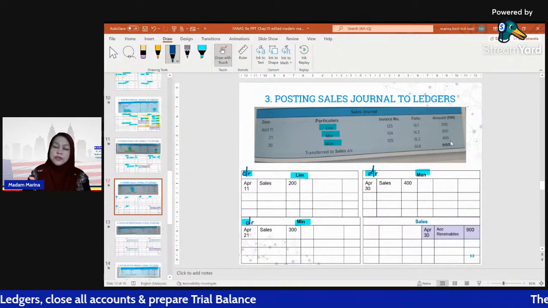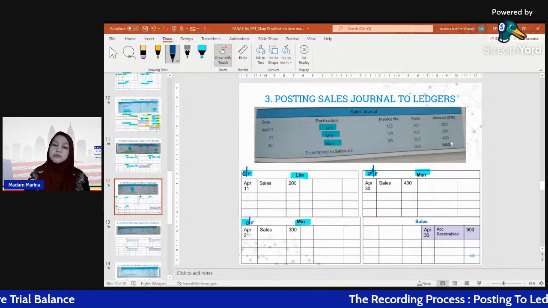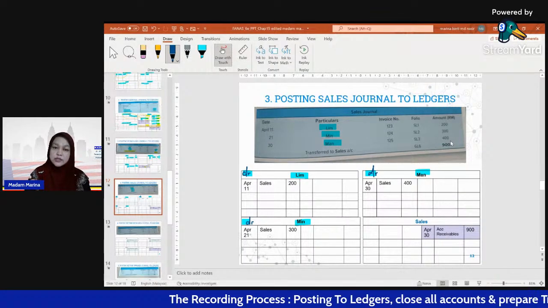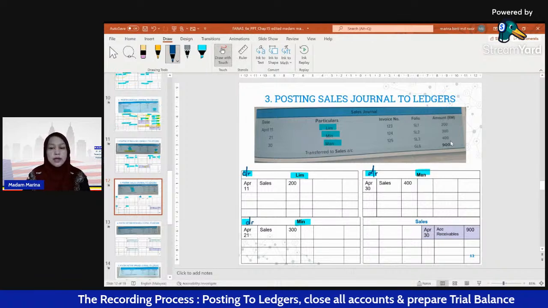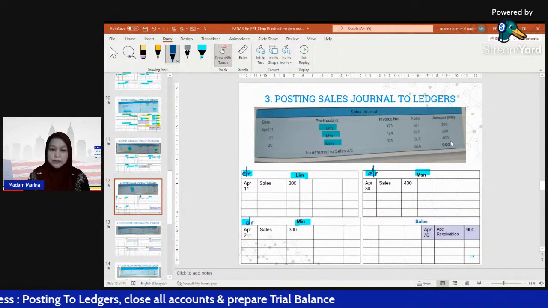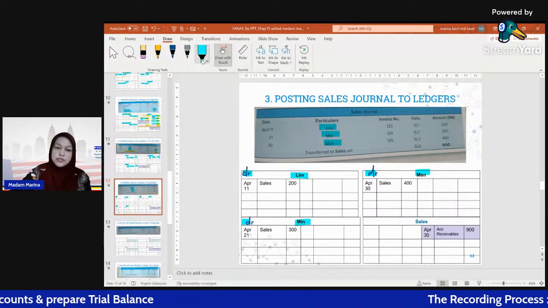Sebab hutang Lim, Min and Mine dengan kita semakin bertambah bila dia buat belian lagi secara kredit, atau bila kita jual lagi kepada mereka secara kredit. So that's why we have to post in the debit side.